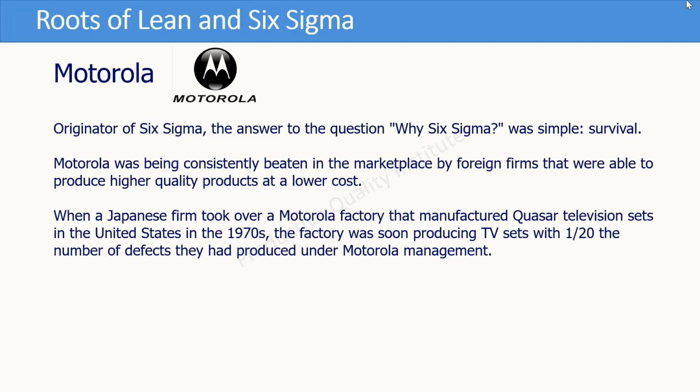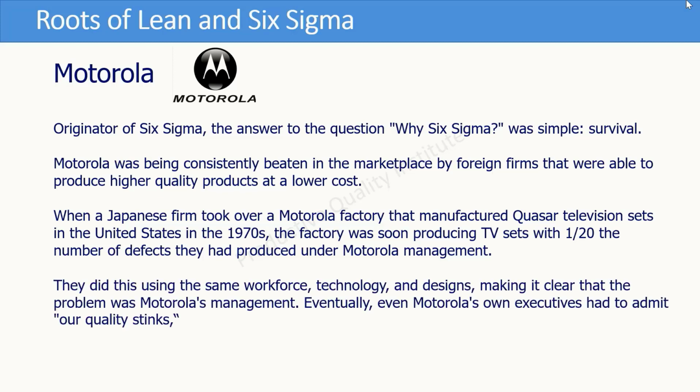When a Japanese firm took over a Motorola factory that manufactured Quasar television sets in the United States in the 1970s, the factory was soon producing TV sets with 1/20 the number of defects they had produced under Motorola management. They did this using the same workforce, technology, and designs, making it clear that the problem was Motorola's management. Eventually, even Motorola's own executives had to admit, our quality stinks.